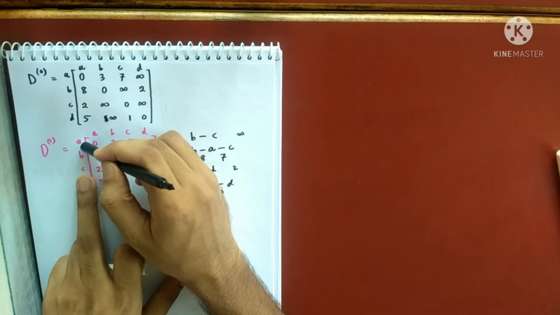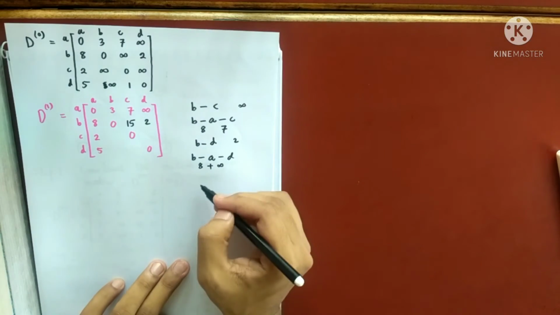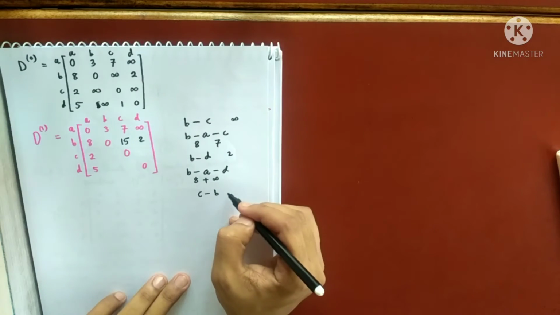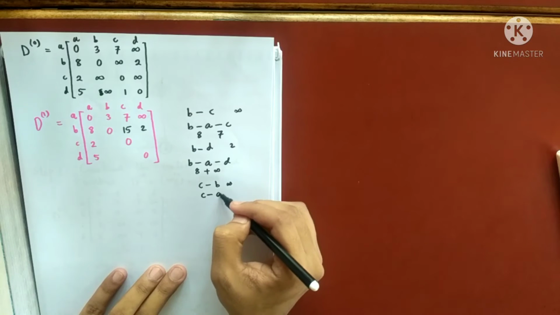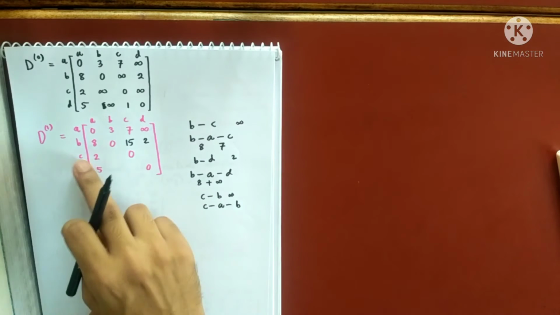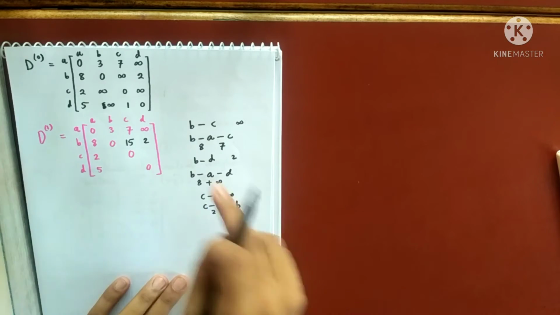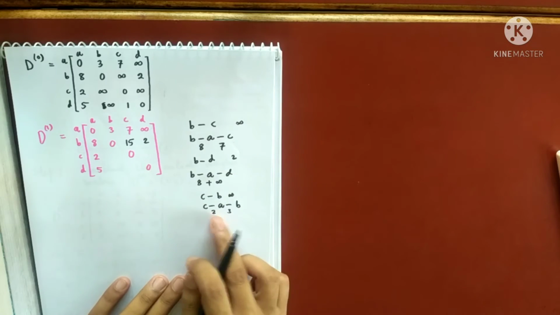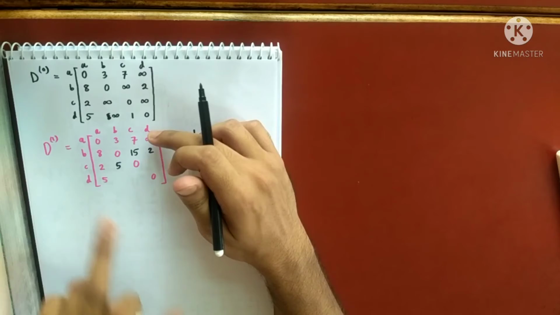Then A to B. Initially C to B was infinity. Now I'll go C to A and then A to B. C to A is 2 and A to B is 3, so 5. 5 is less than infinity, so it becomes 5. Now C to D.